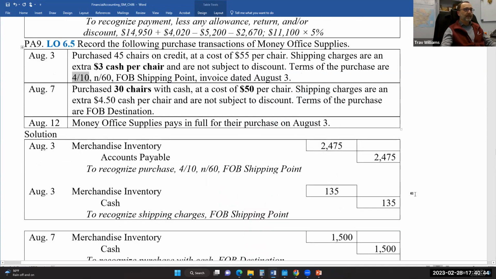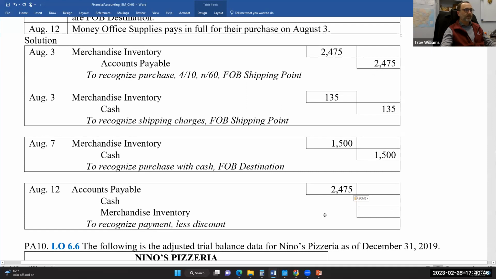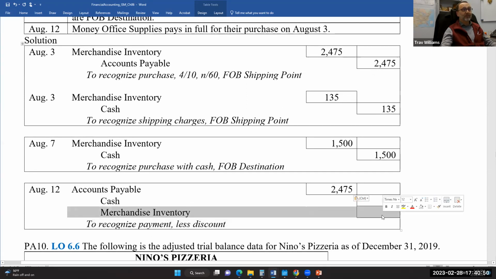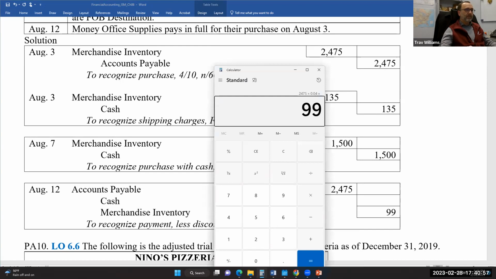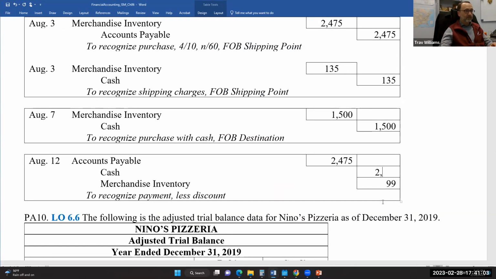We get a $99 discount. Remember, with perpetual inventory, we record that as a credit to merchandise inventory. And then we pay the difference, $23.76. Okay. So that's problem 9.